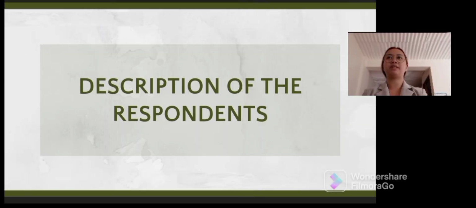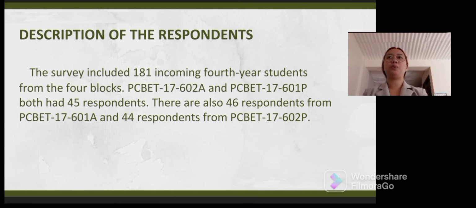Description of the respondents. The survey included 181 incoming fourth-year students from the four blocks. PCBET 17602A and PCBET 17601P both had 45 respondents. There are also 46 respondents from PCBET 17601A and 44 respondents from PCBET 17602P.